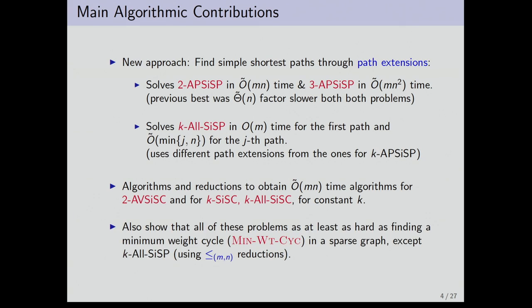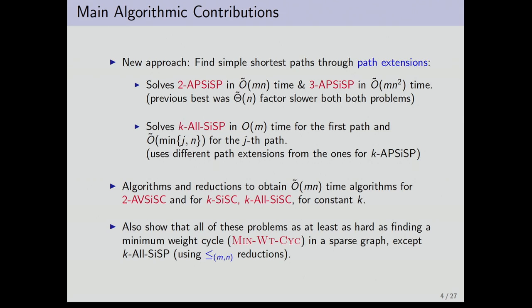And finally, relevant to this workshop, we show hardness results. And our hardness results, because we're mainly interested in sparse graphs, are with respect to finding a minimum weight cycle in a sparse graph. Now, for dense graphs, this is known to be equivalent to APSP, so n cubed. But for sparse graphs, we can solve it in O of mn time.